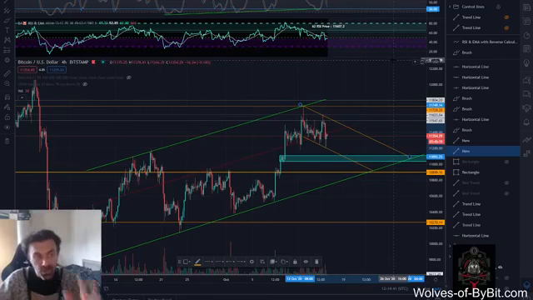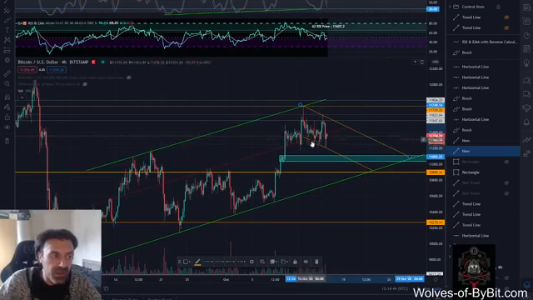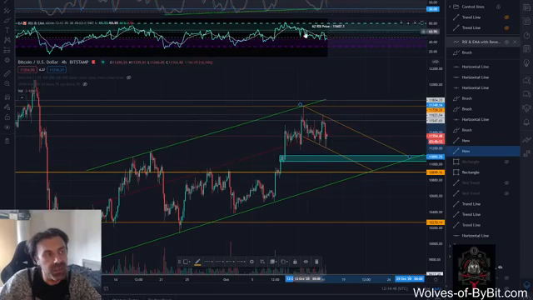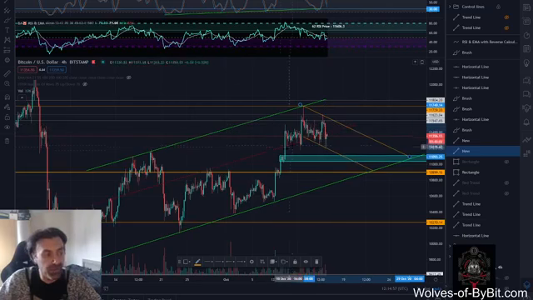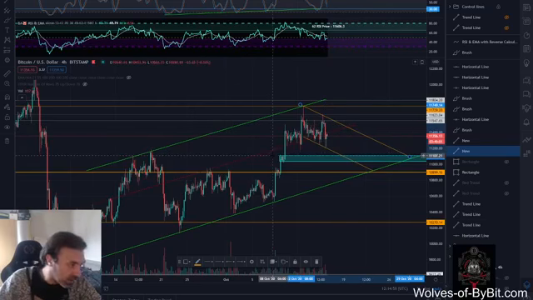So right now, since we are in the middle of this area, and RSI is in the middle of this area, it's very hard to tell whether this red dotted line is going to be respected or not.